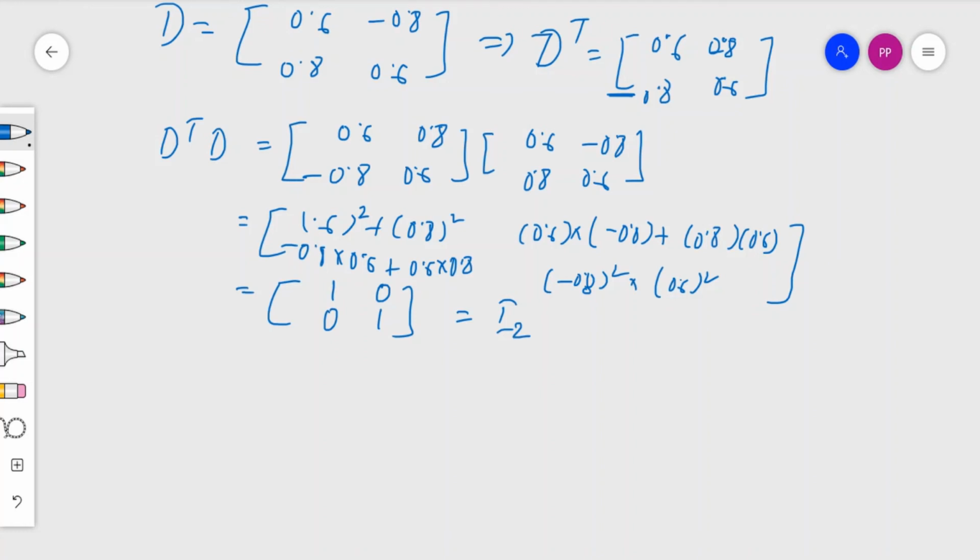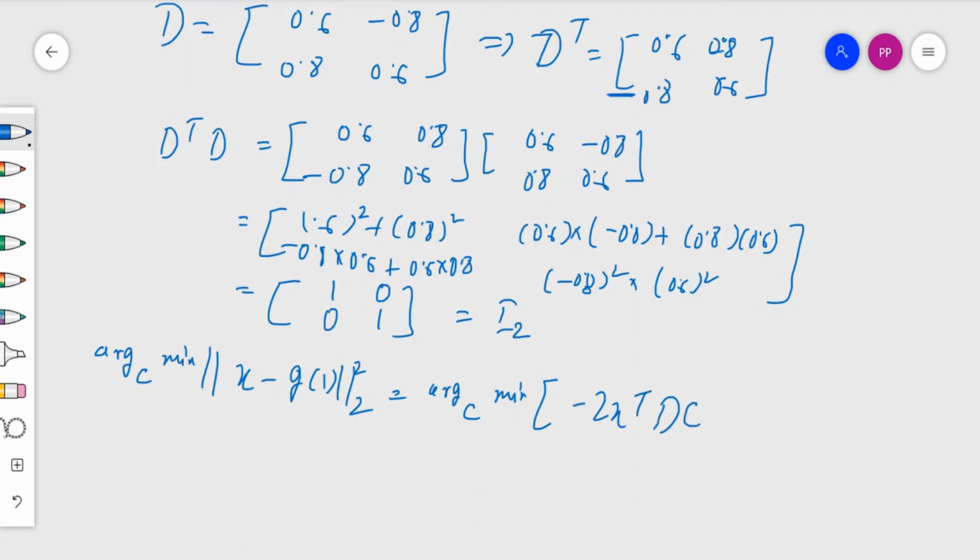So with this information we can write argmin over C of the L2 norm squared of x minus GC is equal to argmin over C of minus 2x transpose DC plus C transpose.